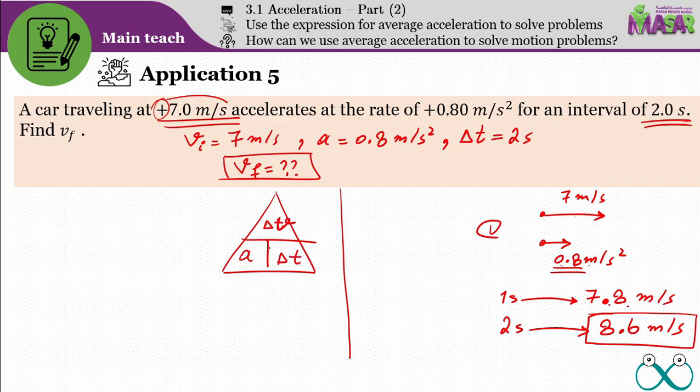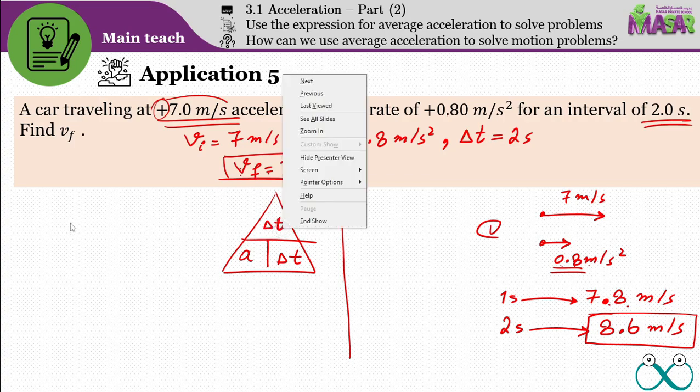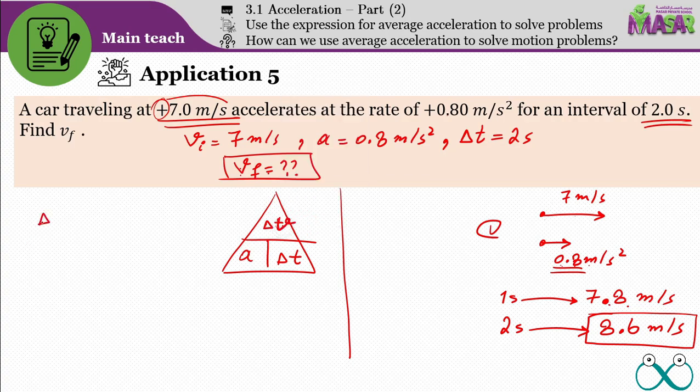Since we are looking for the final speed, we know that the final velocity is implicit in the delta V. It's inside the delta V. So we can say that delta V is equal to acceleration times delta T. Now delta V can be expanded into V final minus V initial, which is equal to A times delta T. Now we are looking for V final, which means I need to apply the isolation method in order to isolate the V final.